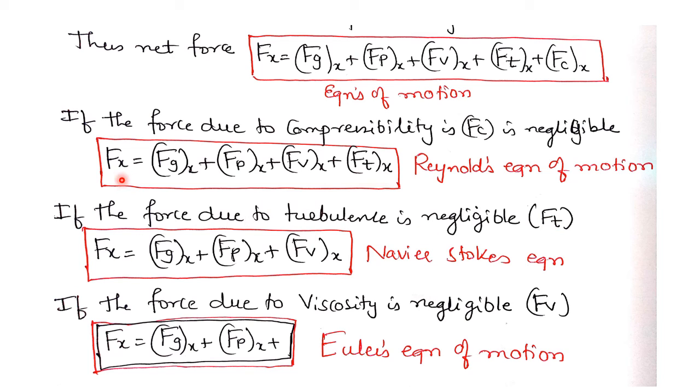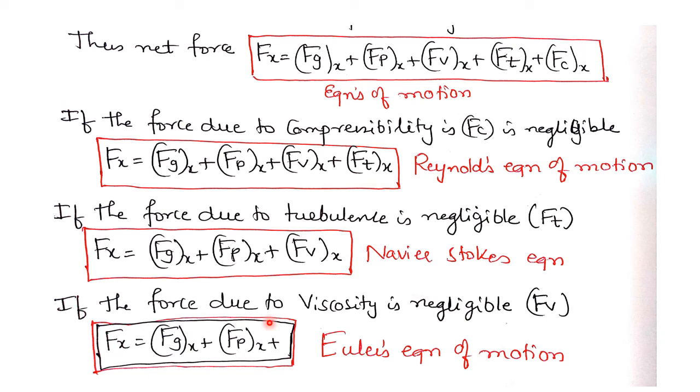then my equation reduces to Fx = Fg of x plus Fp of x plus Fv of x. Then this equation is called the Navier-Stokes equation. In the Navier-Stokes equation, if the fluid is assumed to be an ideal fluid, or if the force due to viscosity is negligible, where an ideal fluid is a fluid having zero viscosity, that means if Fv is negligible, then my equation reduces to Fx = Fg of x plus Fp of x.